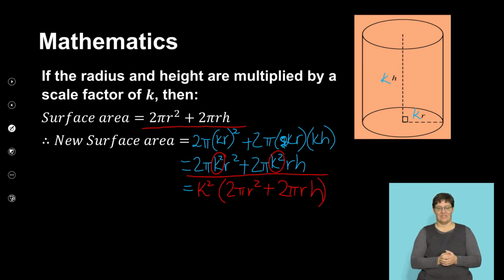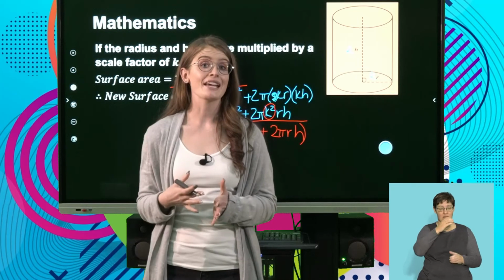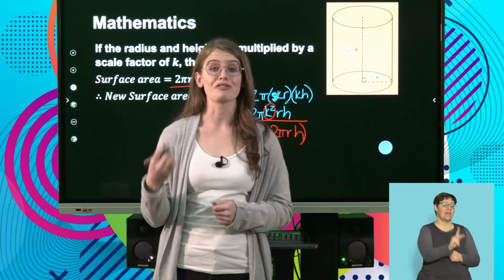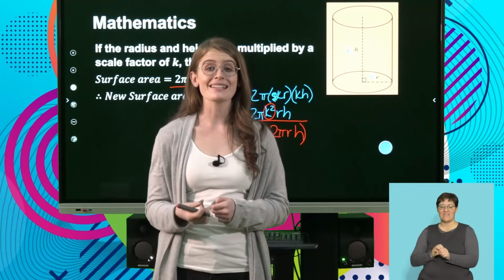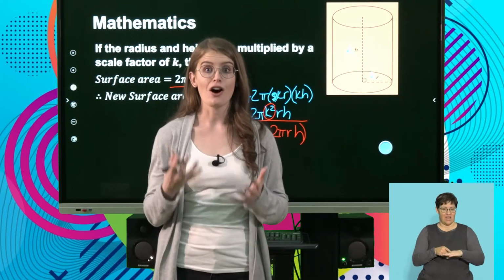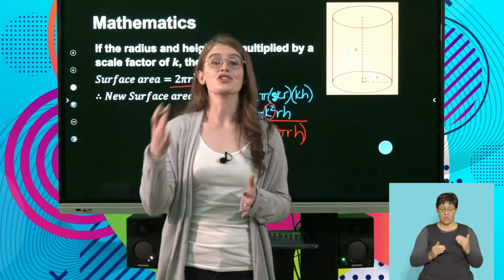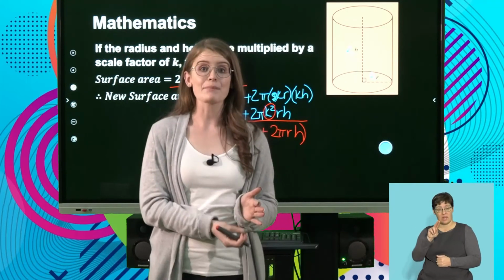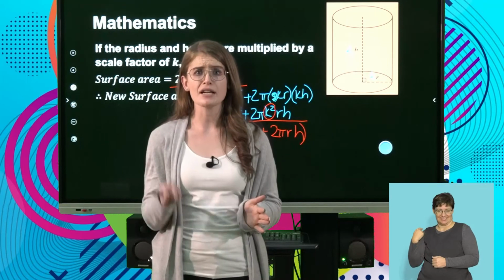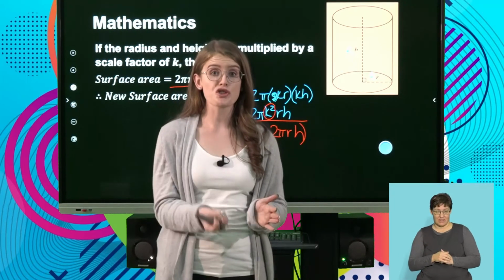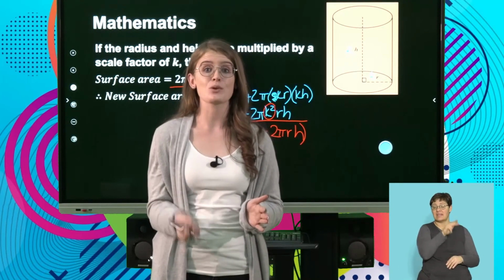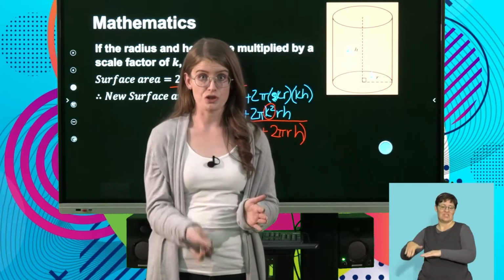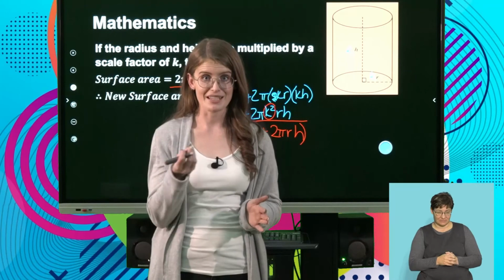So guys, for a cylinder, when I increase the height and the radius by a scale factor of k, this affects the surface area of the cylinder. The new surface area will be k squared times the old surface area. Great, let's go to the board.